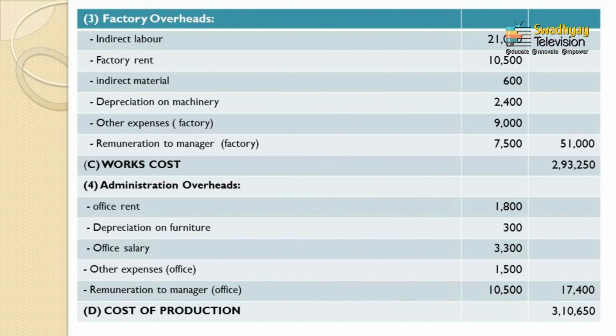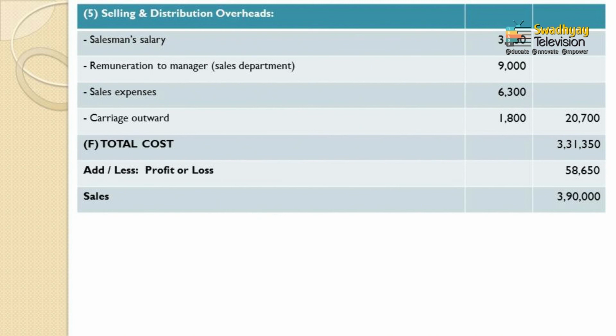At the end of work cost, we add the administrative overheads to determine the total cost of production, and then with the selling and distribution expenses we determine the total cost, and the total cost is compared with the sales. The difference is called the profit.